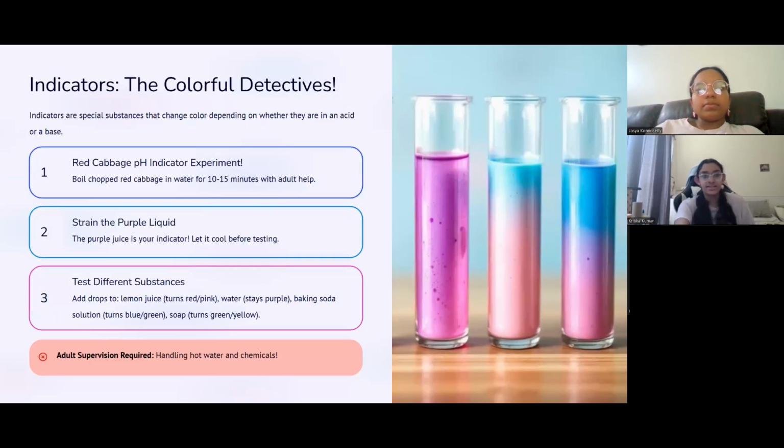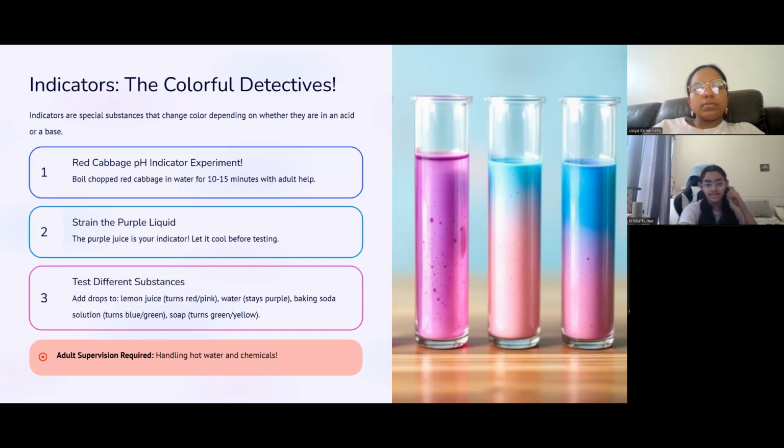Now let's talk about indicators, the colorful detectives. Indicators are special substances that change color depending on whether they are in an acid or a base. The first indicator is the red cabbage pH indicator experiment. Boil chopped red cabbage in water for 10 to 15 minutes, with adult help of course.